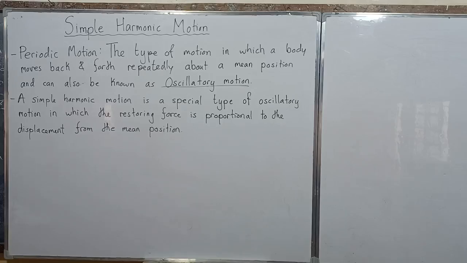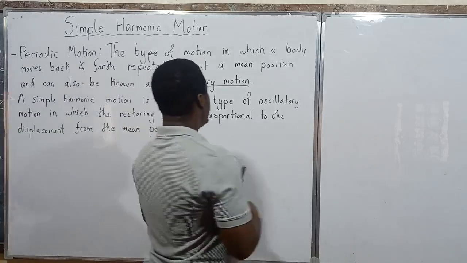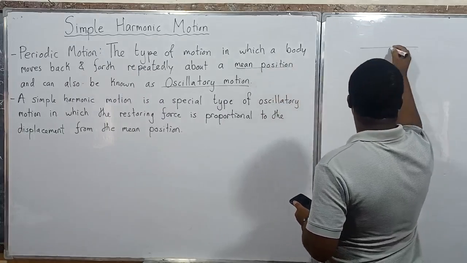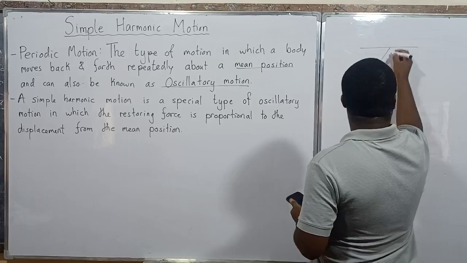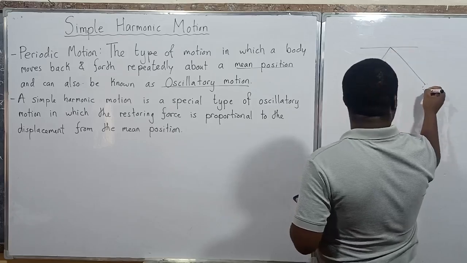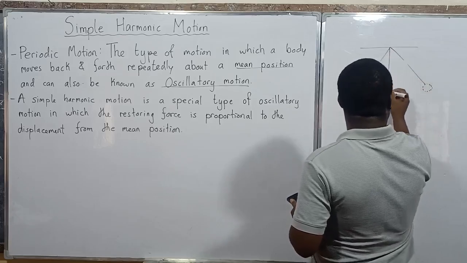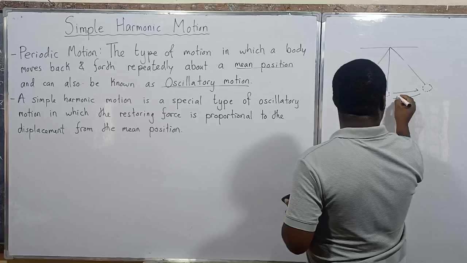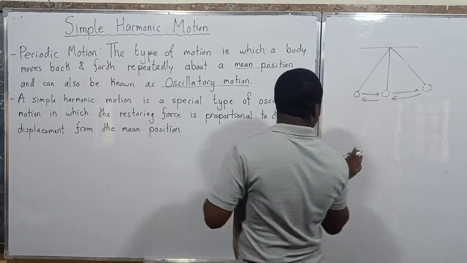So the best example we can give is a pendulum bob. The pendulum bob can move back and forth at a certain position, and that position is known as the mean position. To give an illustration, we have a pendulum bob here. This bob can move in all these positions back and forth. It can go in this direction and it can go backwards like that.